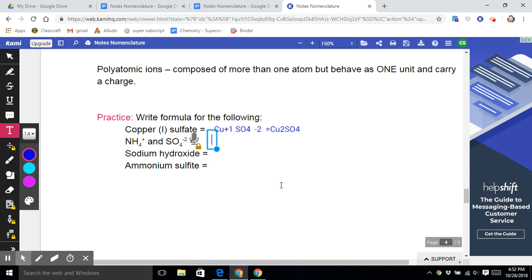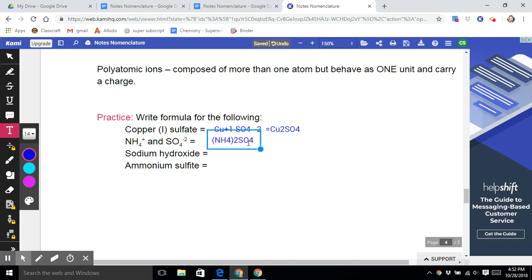To show 2 sets of NH4s, I'll need to represent that with parentheses. So NH4 with 2 of them, and I only need 1 set of SO4. It will look like this. Please change all these little numbers to subscript. So it'll be NH4 inside the parentheses, 2, and the SO4 for your chemical formula.